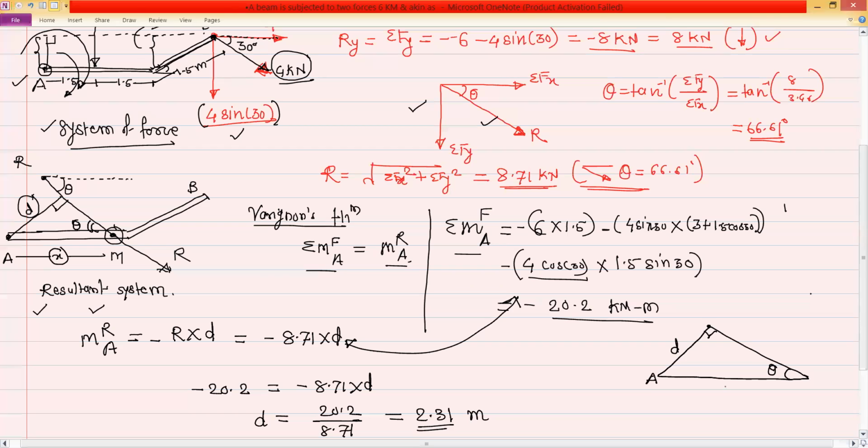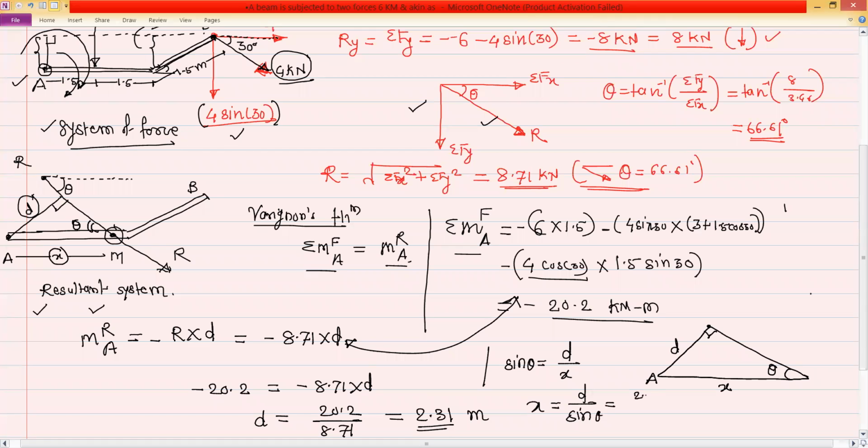This is point A and this is the x. As the opposite side is known and the diagonal is to be determined, we can use sine theta in this triangle. So sine theta is equal to the opposite side, that is D, divided by the diagonal, that is x. So x is equal to D divided by sine theta.